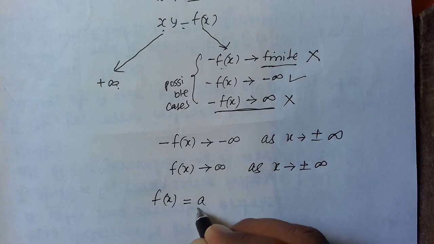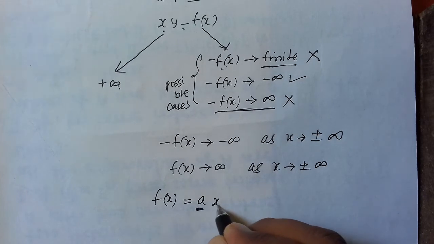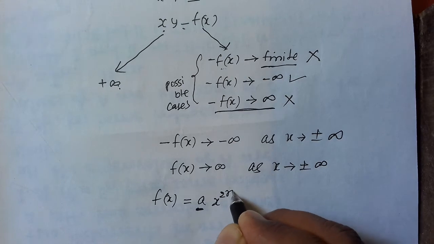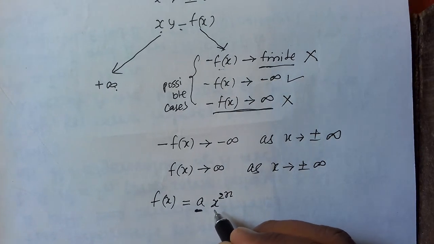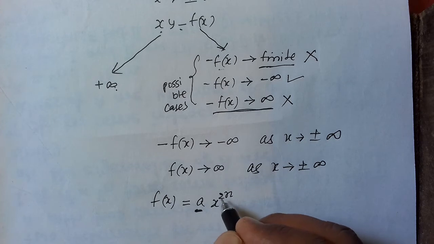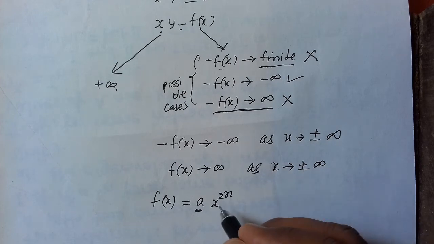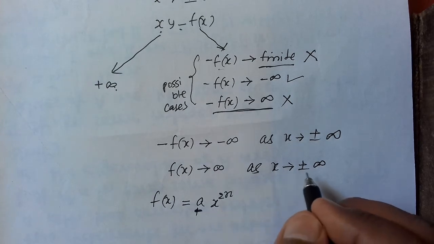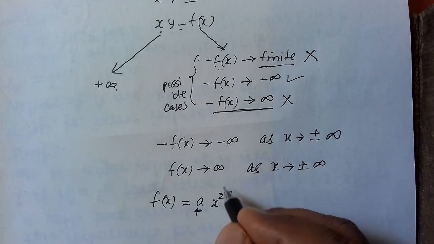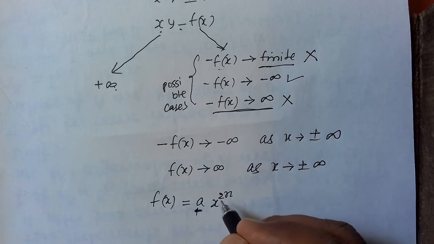A is a positive constant, and the highest term will be x to the power 2n, which means you have to take the highest term with even power, because in that case whether you put x as plus or minus, it will be plus.